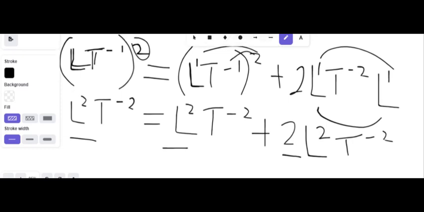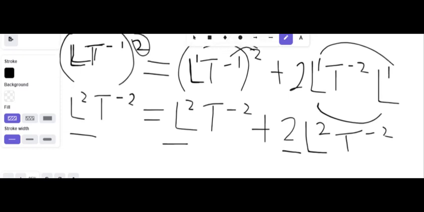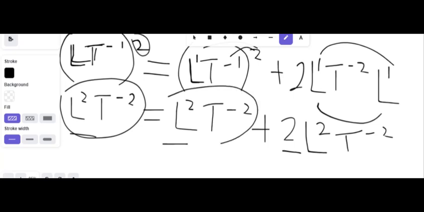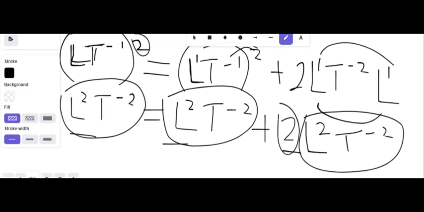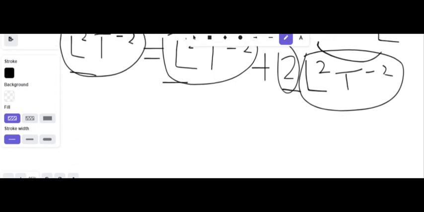If we now look at this equation, we see that this is L2 T to the power negative 2, L2 T to the power negative 2, L2 T to the power negative 2. I told you this number does not matter because each and every one of the quantities has the same dimension, L raised to the power 2, T to the power minus 2. Then we say that the equation v squared equals u squared plus 2as is not just correct but dimensionally correct.